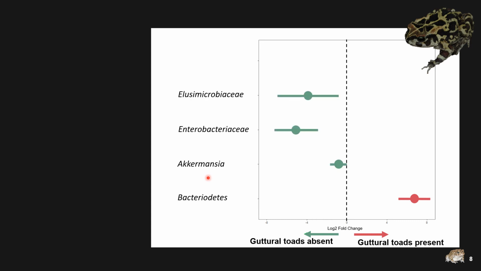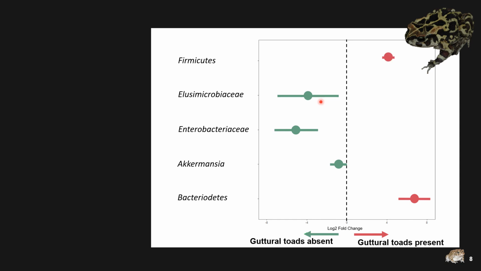However, we see a decrease in different genuses that actually supply immune resistance against pathogenic bacteria in the gut. So it's really interesting to see that there's suddenly this increase in pathogenic bacteria in the western leopard toad's gut microbiome, but there's also a decrease in their immune response to these pathogenic bacteria.